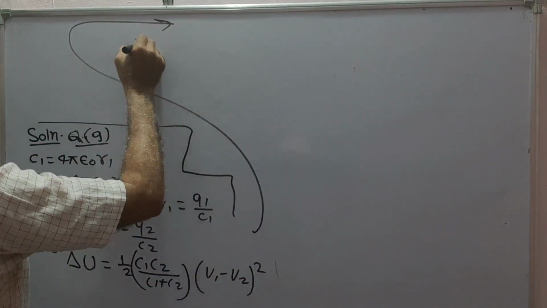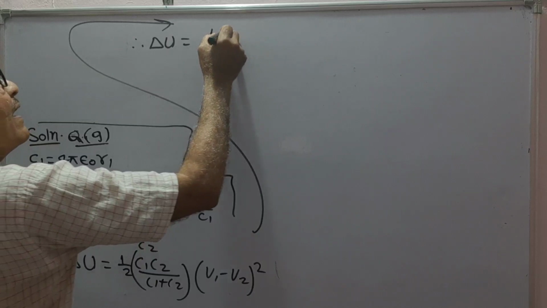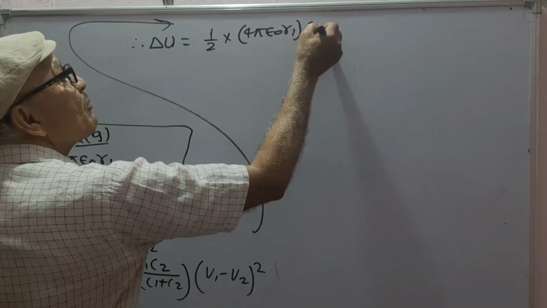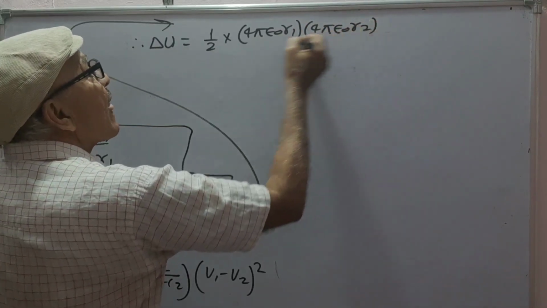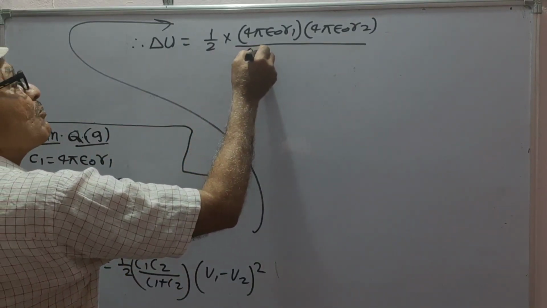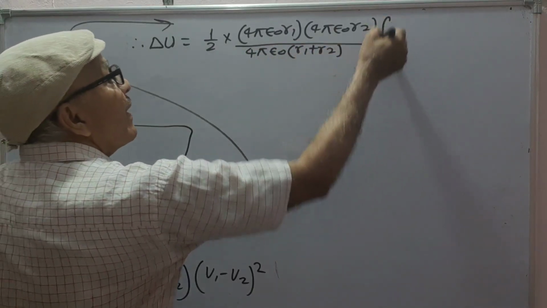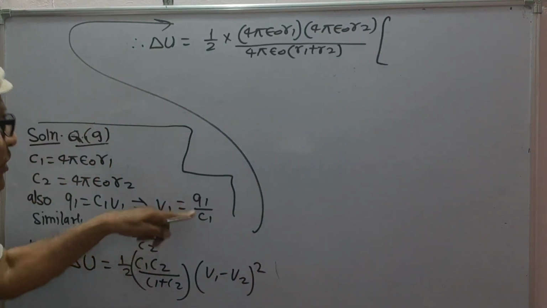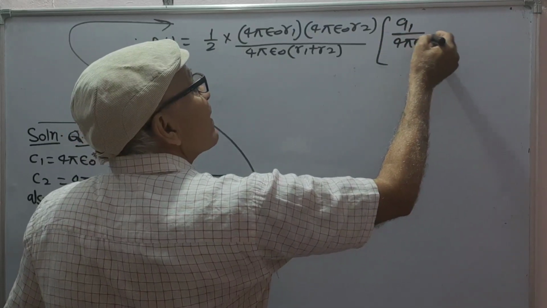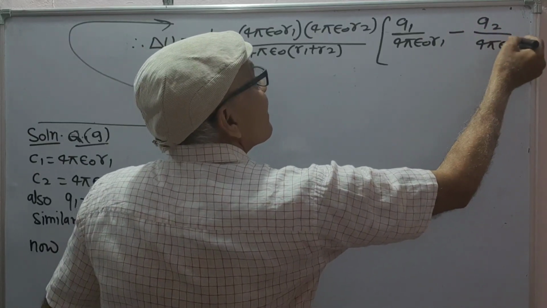Now putting the values, we get delta U as 1 by 2, C1 is 4 pi epsilon naught R1, C2 is 4 pi epsilon naught R2 upon C1 plus C2, both have 4 pi epsilon naught common, 4 pi epsilon naught taken common, R1 plus R2 into V1 is Q1 upon C1, Q1 upon 4 pi epsilon naught R1 minus Q2 upon 4 pi epsilon naught R2.